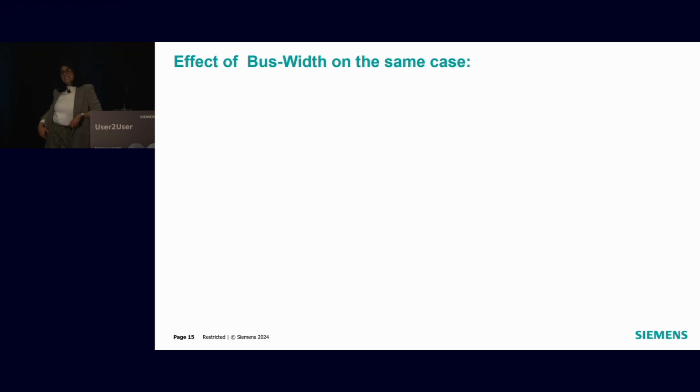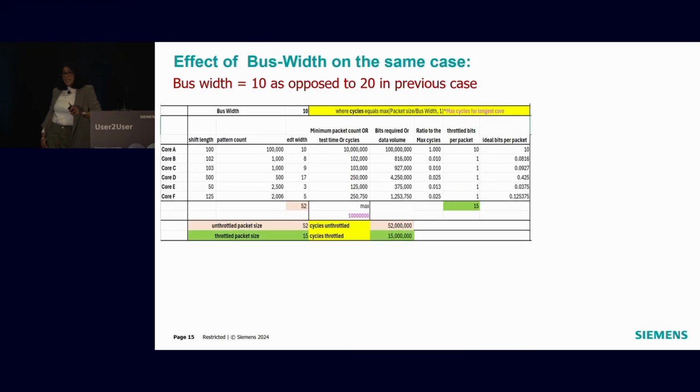But now let's say you had a much smaller number of pins available or reserved for test. Your bus width was not 20, which was my previous example. Let's say your bus width was just 10. Let's see how the same equation plays out with the same cores. Now the ratio of the throttled packet to the bus width becomes 1.5.